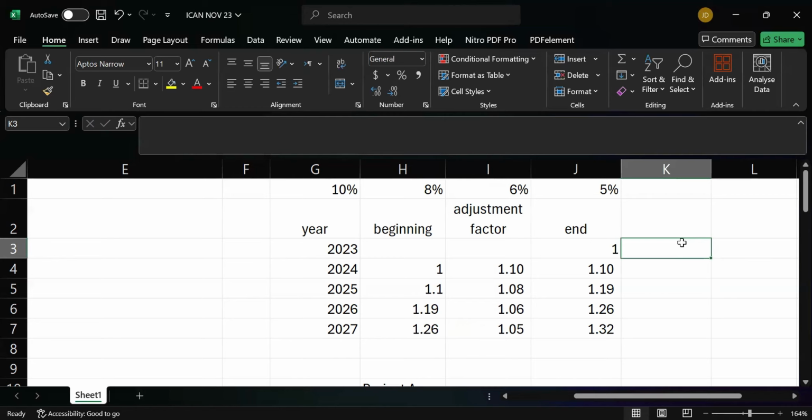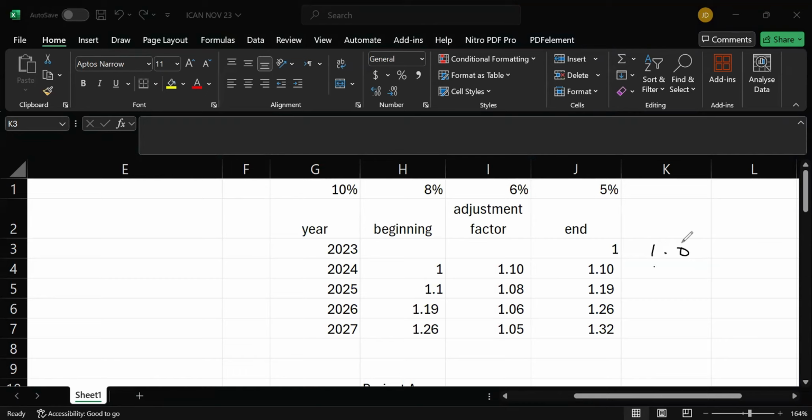So normally, as I said, I would have done, for year 0 it will be 1.0, year 1 would have been 1.1 raised to power 1. That will have given me 1.1.